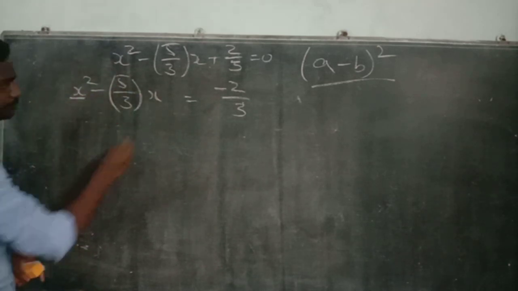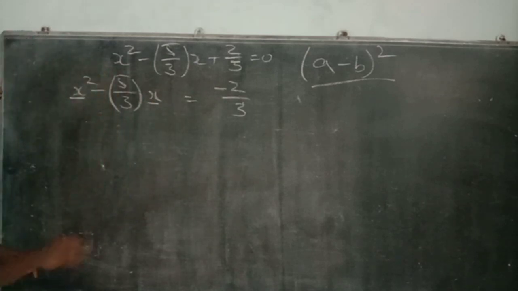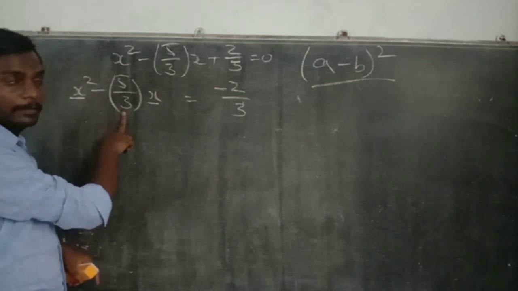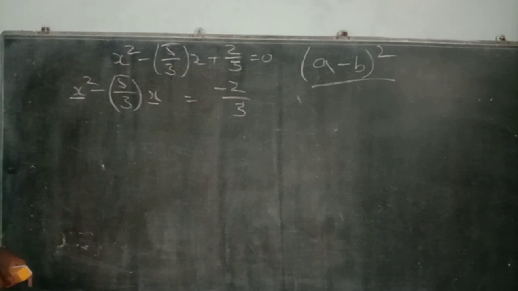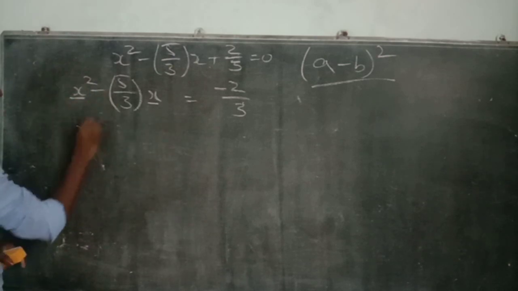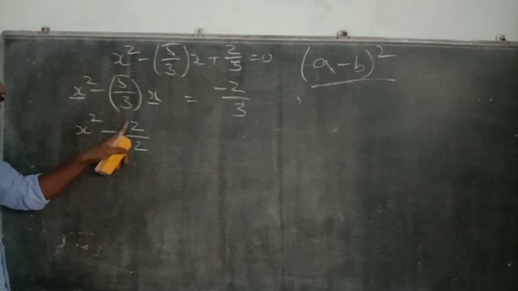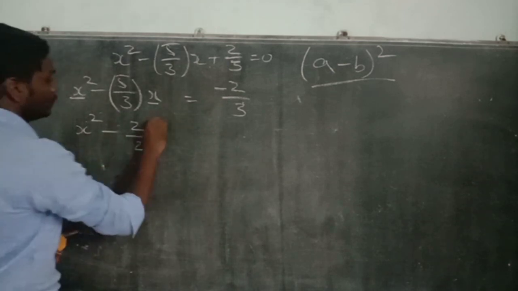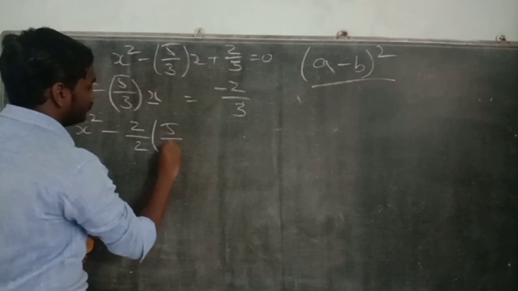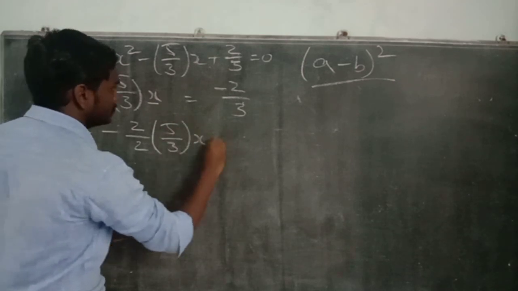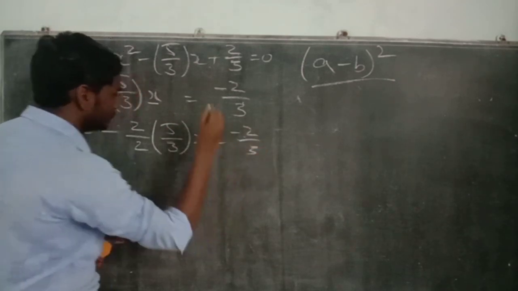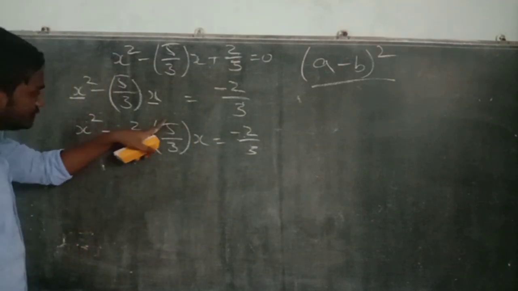Considering this as a, this is a and this should be b. But another term 2 is missing. So I can write this as x square minus 2 divided by 2. Is there any difference by writing 2 divided by 2? No. Now multiplied by 5 by 3 into x, that is equal to minus 2 by 3.